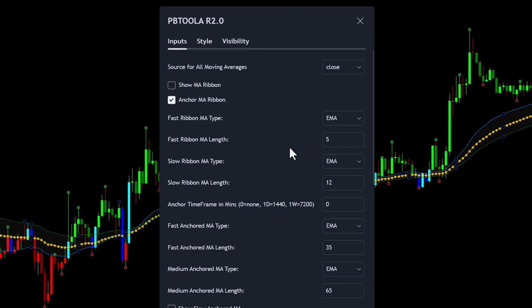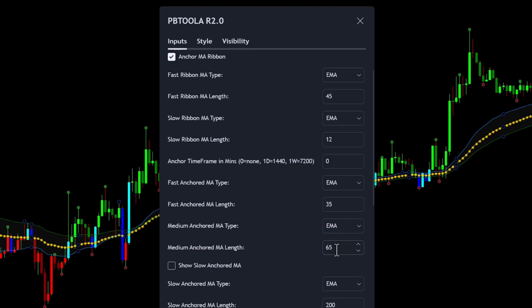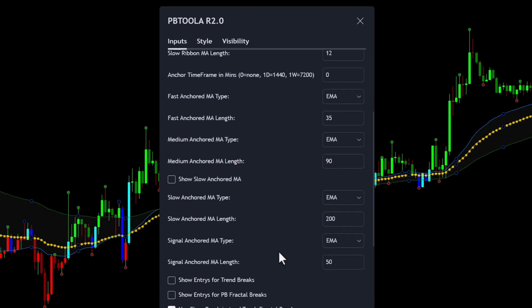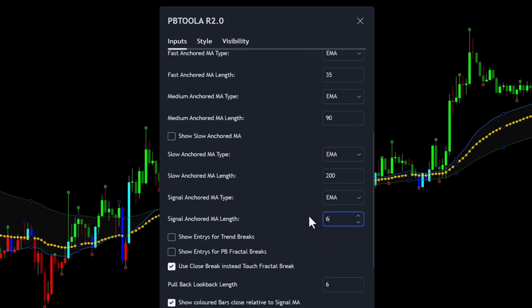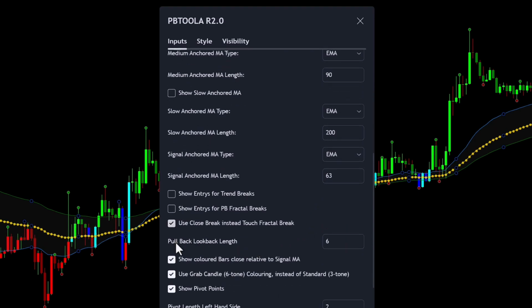Set the fast moving average to a length of 45, the medium to 90, and the slow to 200. Also, adjust the signal anchor to a length of 63 and enable the color bars to make things easier to track.